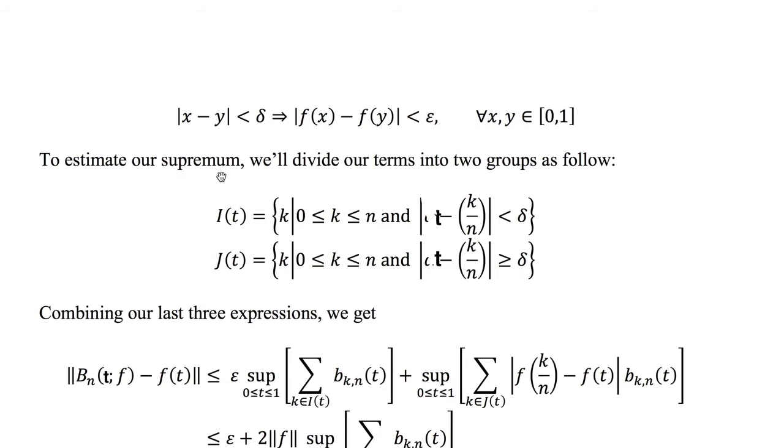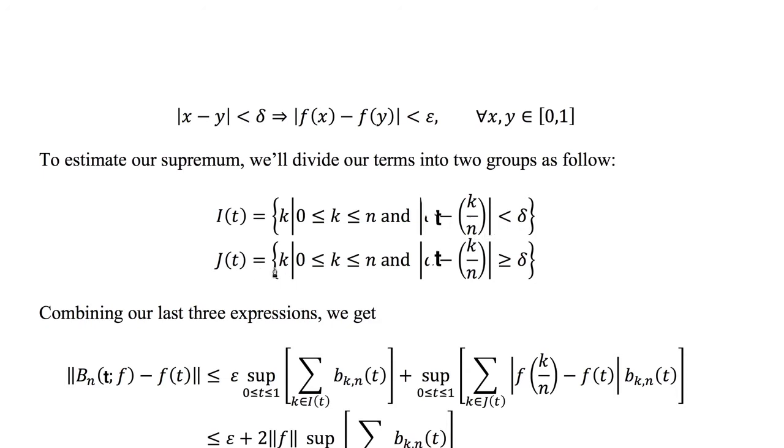Well, to approximate our supremum, we will divide our terms into two parts. The first part is the integers k between 0 and n such that the absolute value of t minus k over n is smaller than delta.